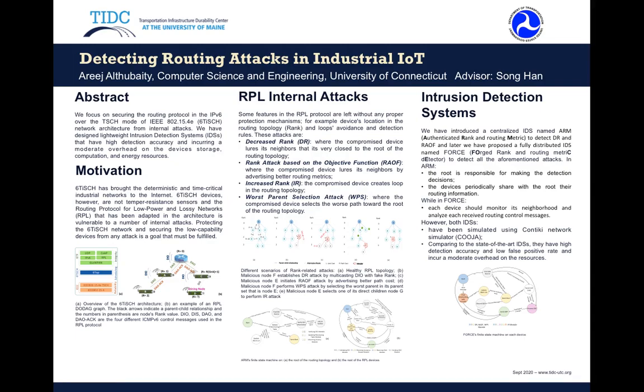RPL builds the routing topology, or a destination-oriented directed acyclic graph, or DODAG, where devices select the best path toward the root of the topology according to a set of metrics and constraints named the objective function.